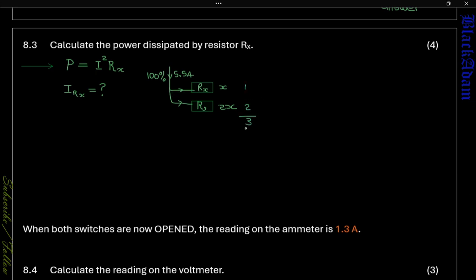That means we have 66.67% on Rx and 33.33% on Ry.